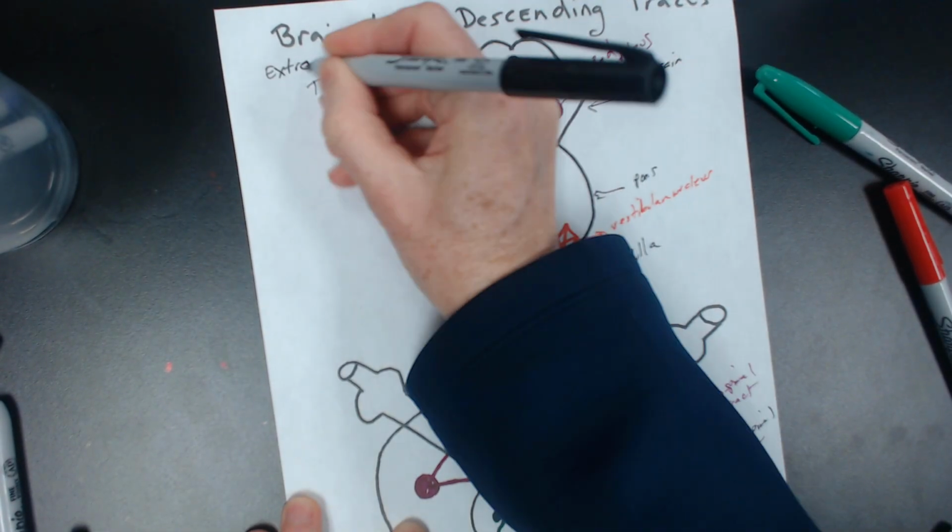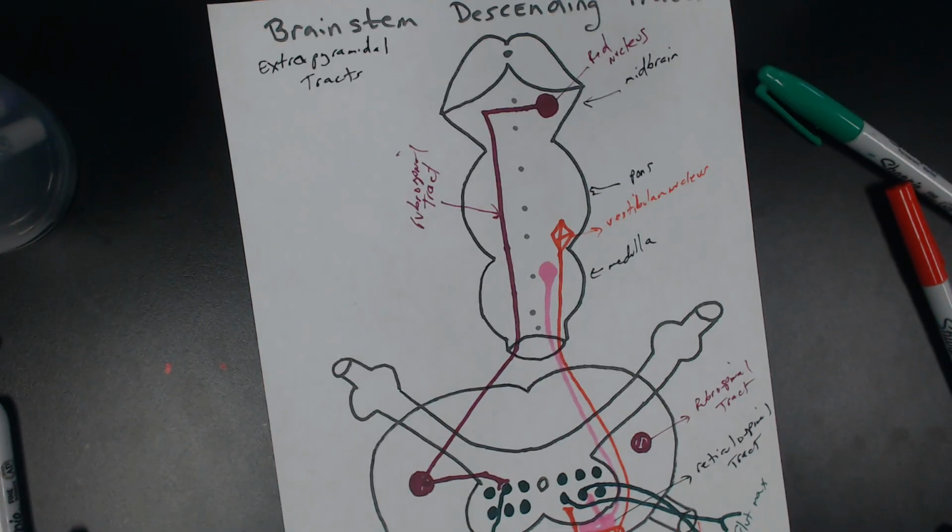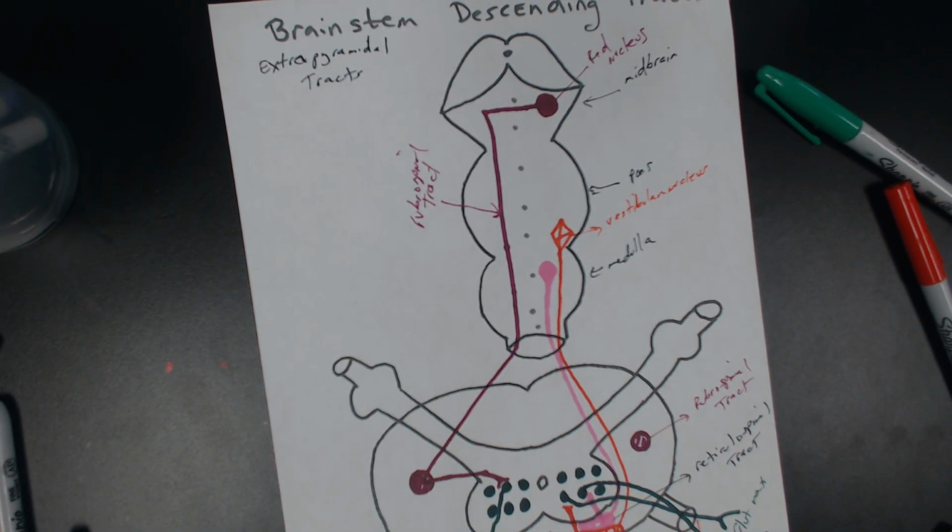Okay, it's something you might see in the future. And if you see the word extrapyramidal, that's all that is. That's your pyramidal tract, voluntary movement, extrapyramidal tracts, not under your conscious control, but they're coming down to do something with muscles, but not voluntarily.